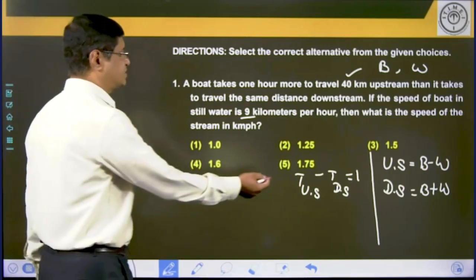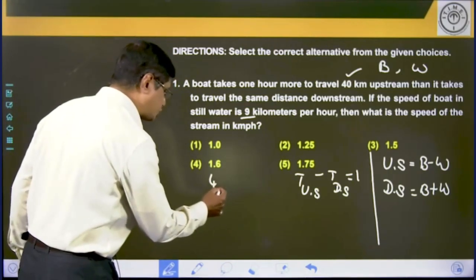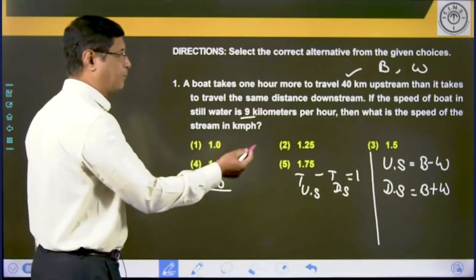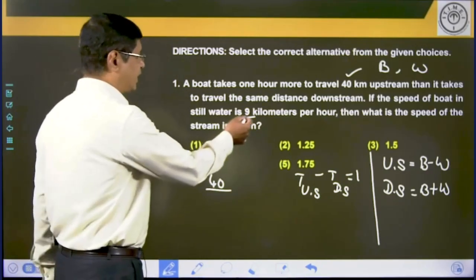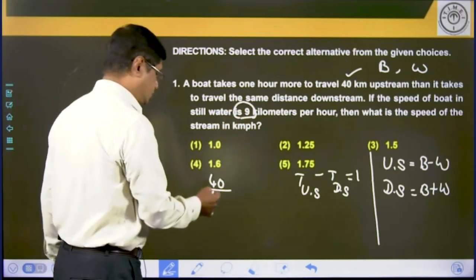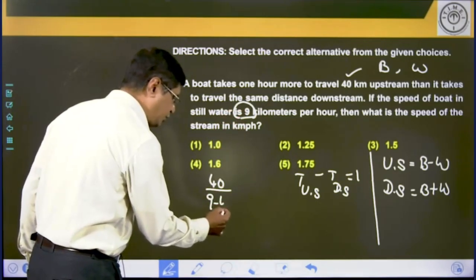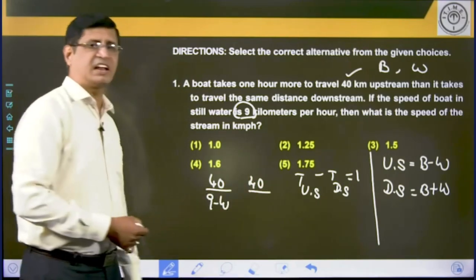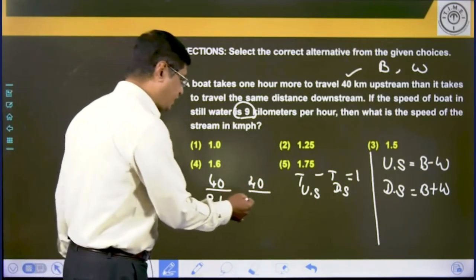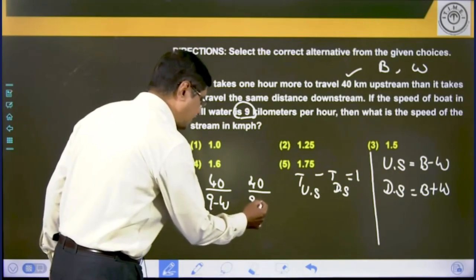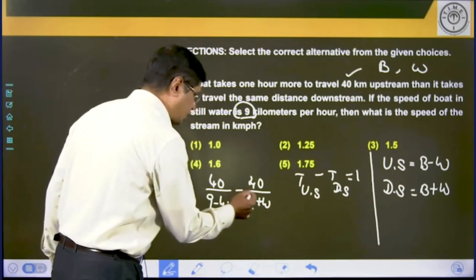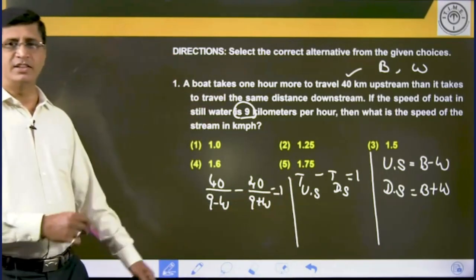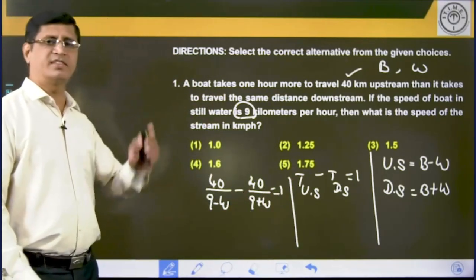Distance traveled in upstream is 40, speed equal to B minus W. What is the value of B? It is 9. So 9 minus W. And downstream 40 kilometers he travelled, whereas the speed in the downstream is 9 plus W. The difference of these two is equal to 1 hour. Simplify this, you will get the value of W, that is the answer.